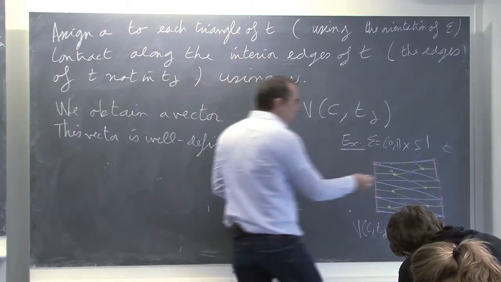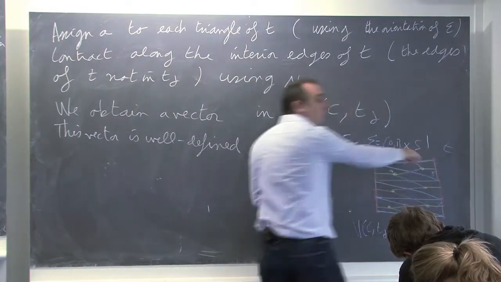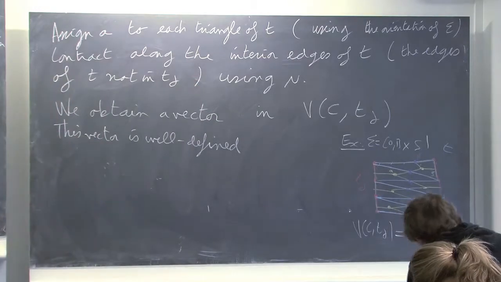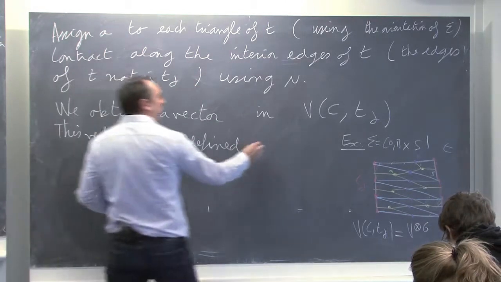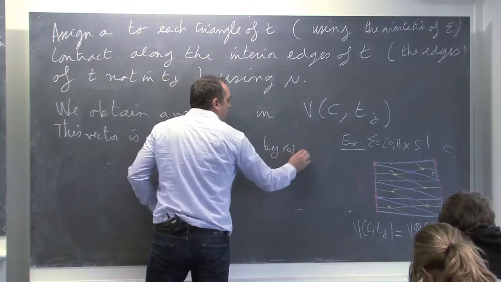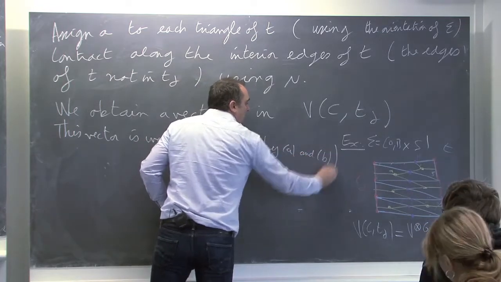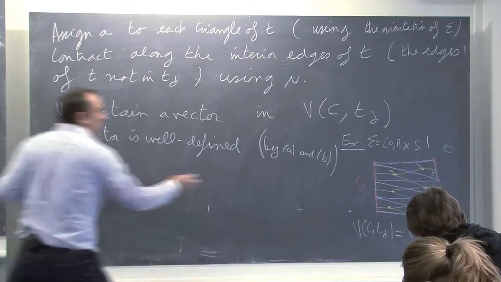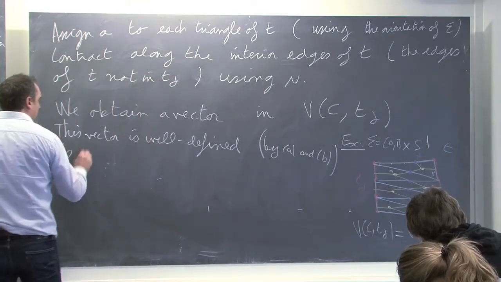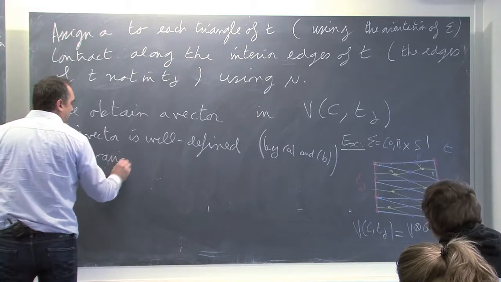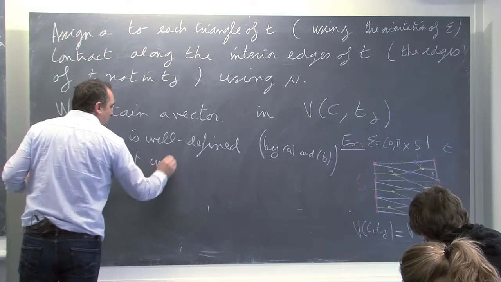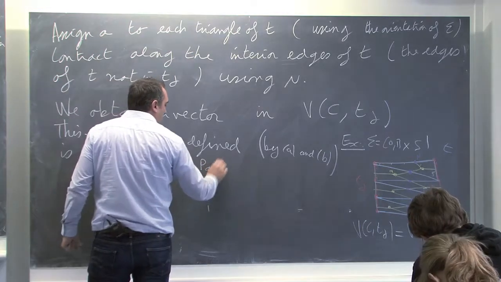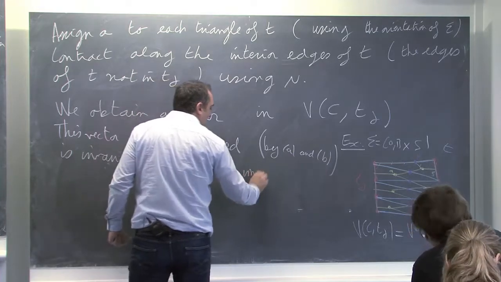So here the surface is oriented. So we assign A following the orientation. So this is the condition A and B of a state sum triple. It is invariant under Pachner moves.